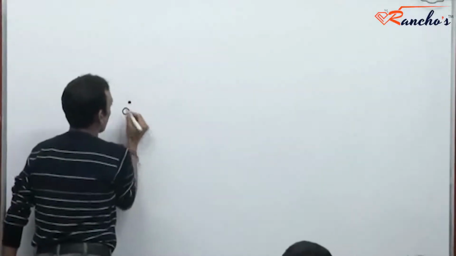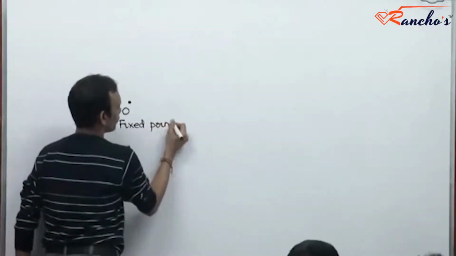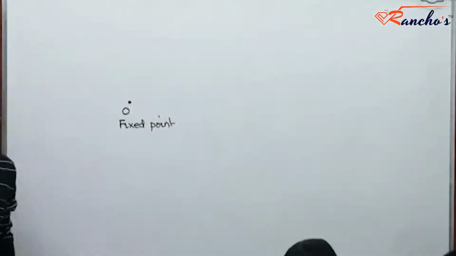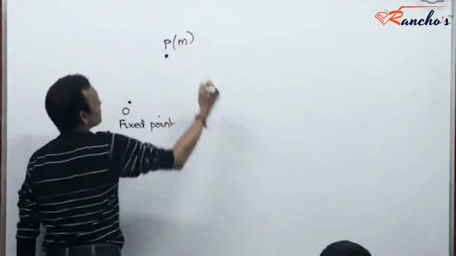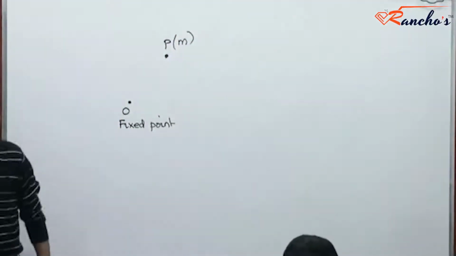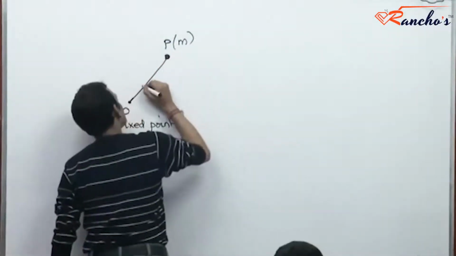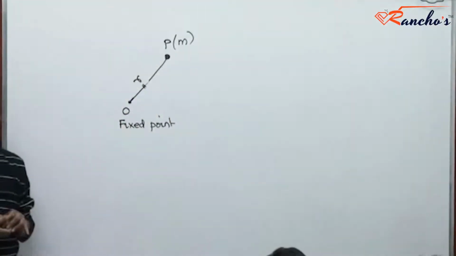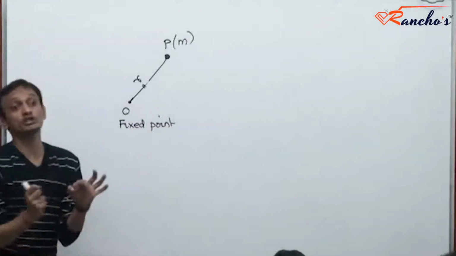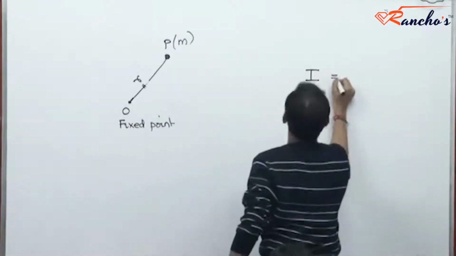If there is a certain fixed point O, and there is a particle P whose mass is m, and whose distance from O is r, then the moment of inertia of this mass about O is mr square, right?